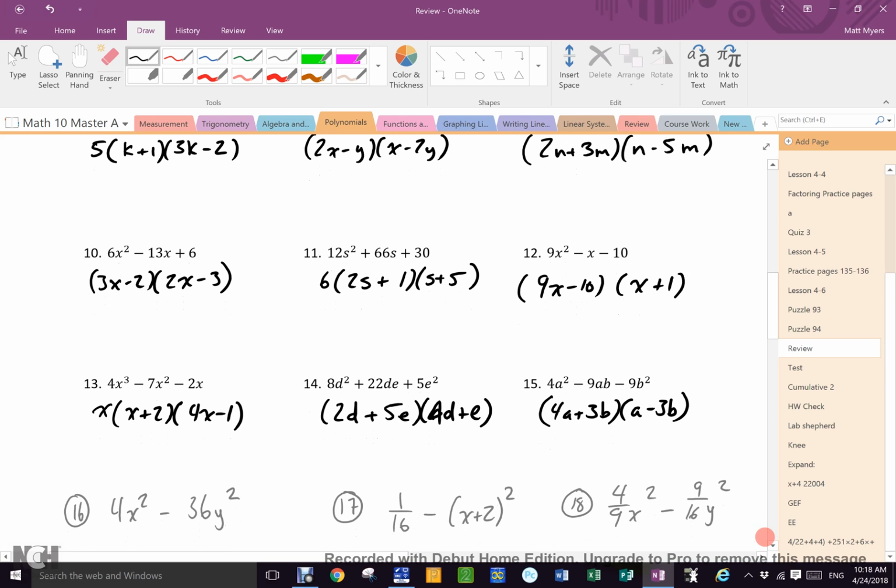Yes, Wong. Number 13, I think it is a plus 1, 4x plus 1. No, because I have to have a negative 2 at the end. If that's a plus 1, I have a positive 2 at the end. Four x squared minus x plus 8.